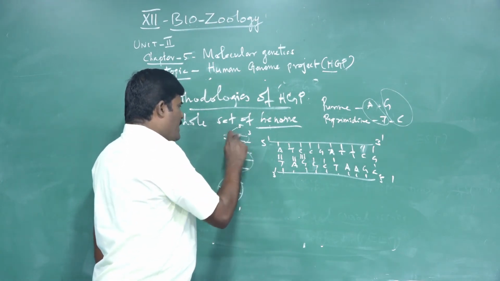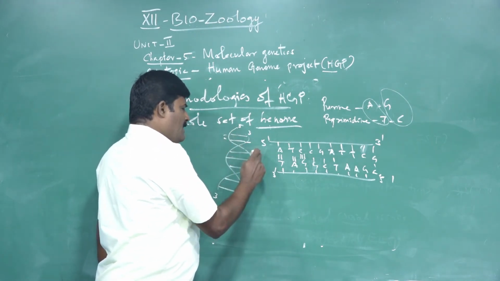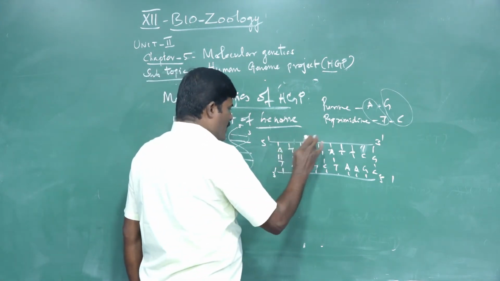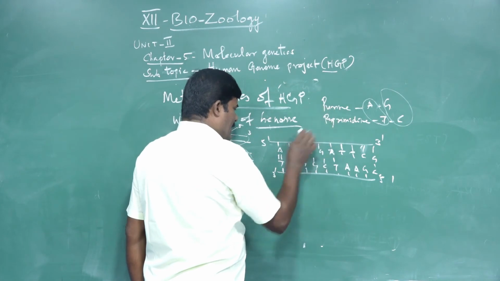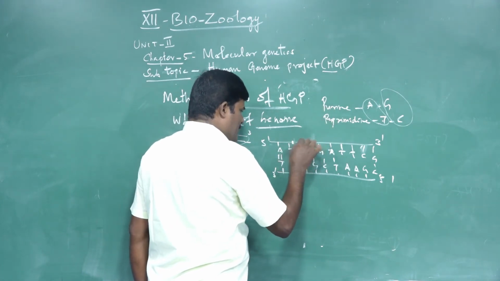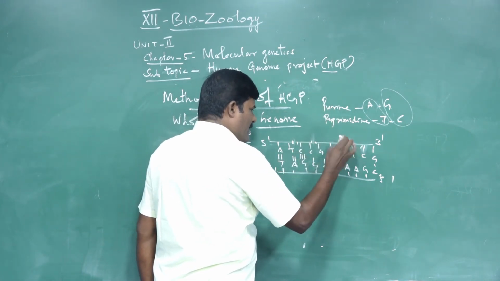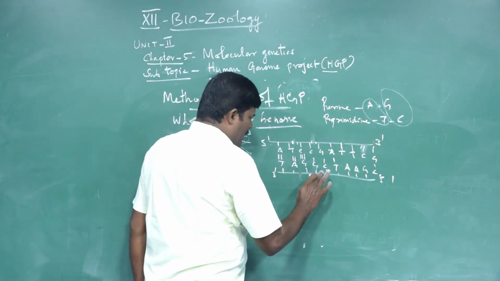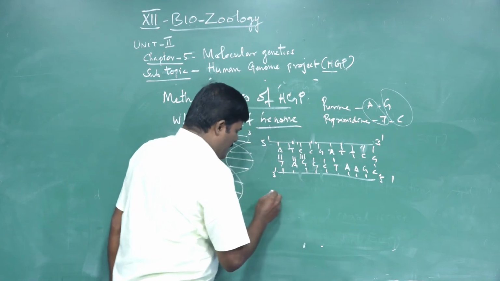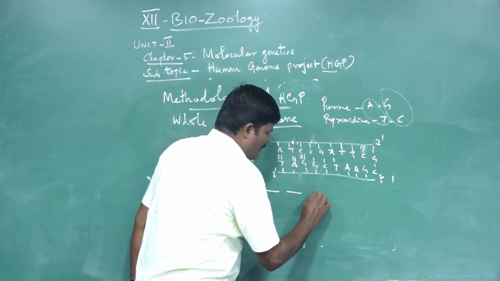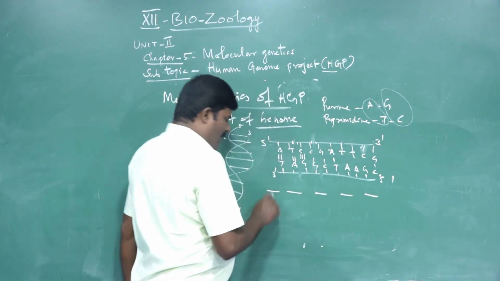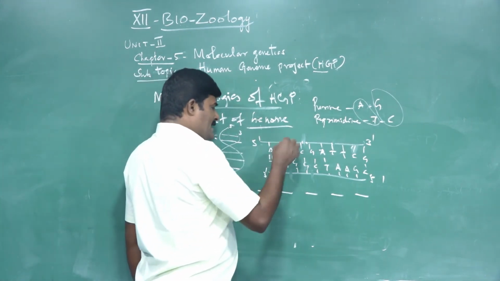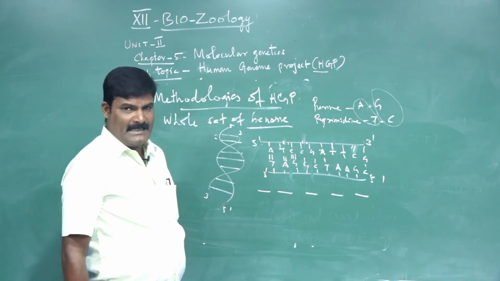The whole set of the DNA from a cell is isolated and cut into small pieces, small fragments, by the restriction endonuclease enzyme.